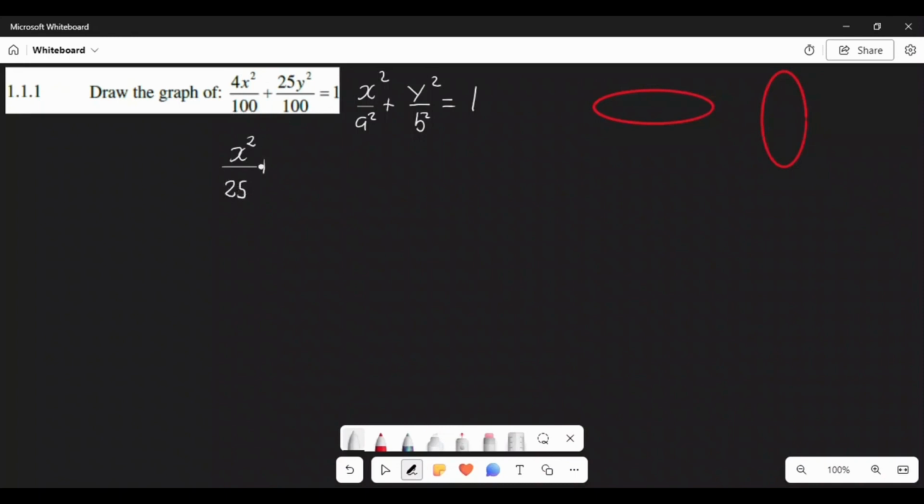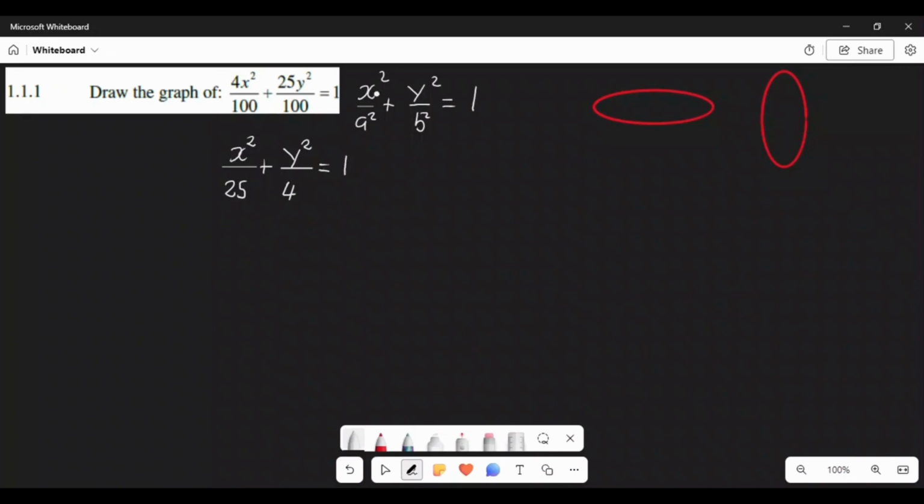Plus, now the next step, 25y squared over 100. So 25 divided by 25, we have 1 multiplied by y squared, and 100 divided by 25 gives us 4. This is equal to 1.